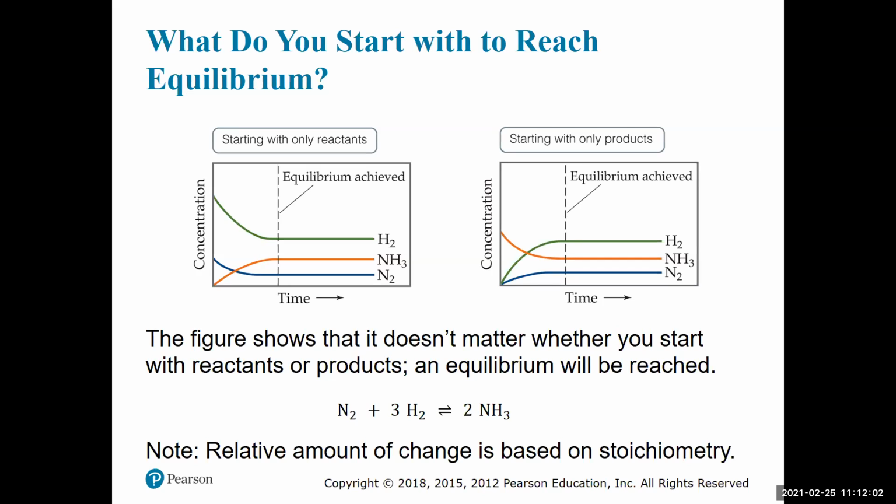We have some amounts of N2 and H2. And as the reaction proceeds, our reactants, H2 and N2, decrease. And our NH3, our product, that concentration increases. And at some point, once again, that's this dotted vertical line, everything levels out and the concentrations remain constant. And that's our equilibrium point.